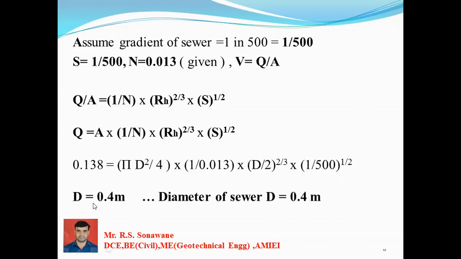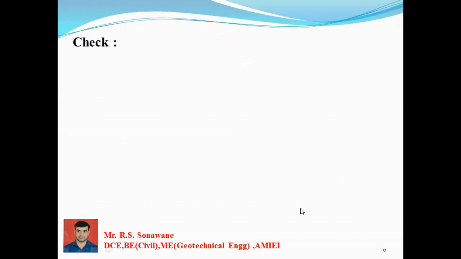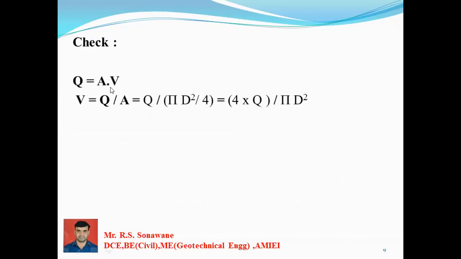So after calculating this mathematical relation, we will get d is equal to 0.4 meter. This is the diameter of the sewer, 0.4 meter. Here is one check we can do. Q is equal to A into V, we know that.